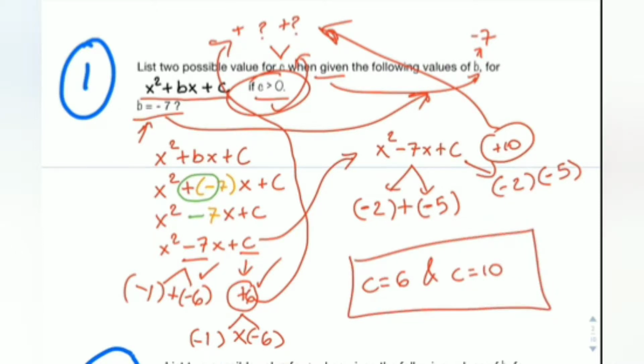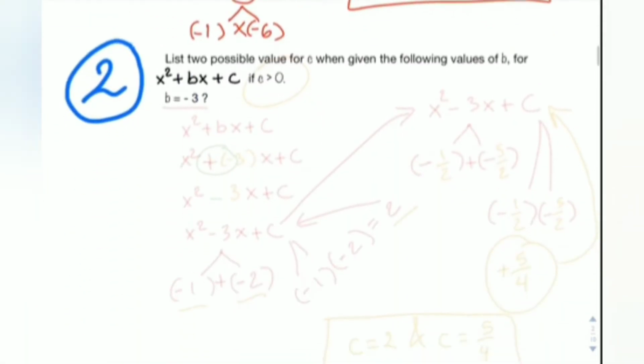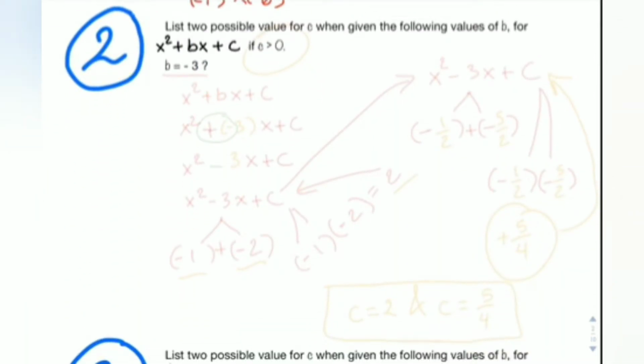Okay, good. Now the second question is exactly the same question, but now with a different B value. Okay, now let's plug it in. Let's do the same thing. First let's write the expression.